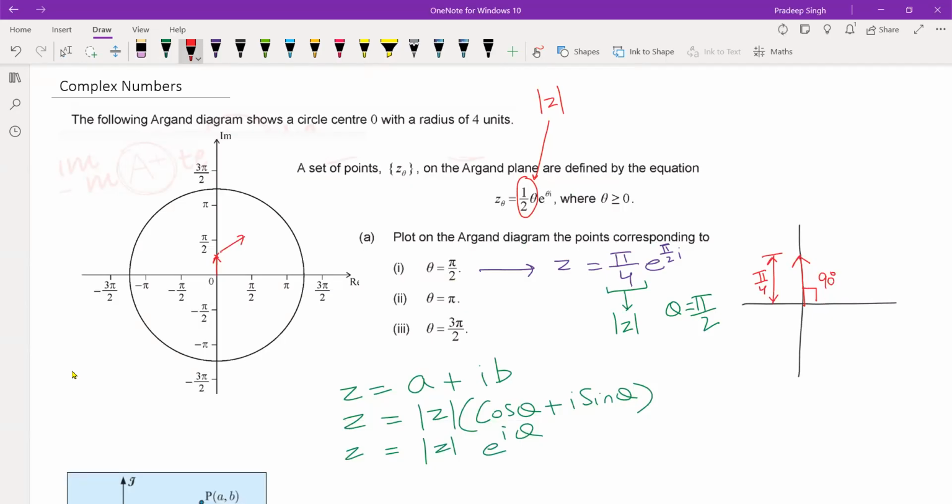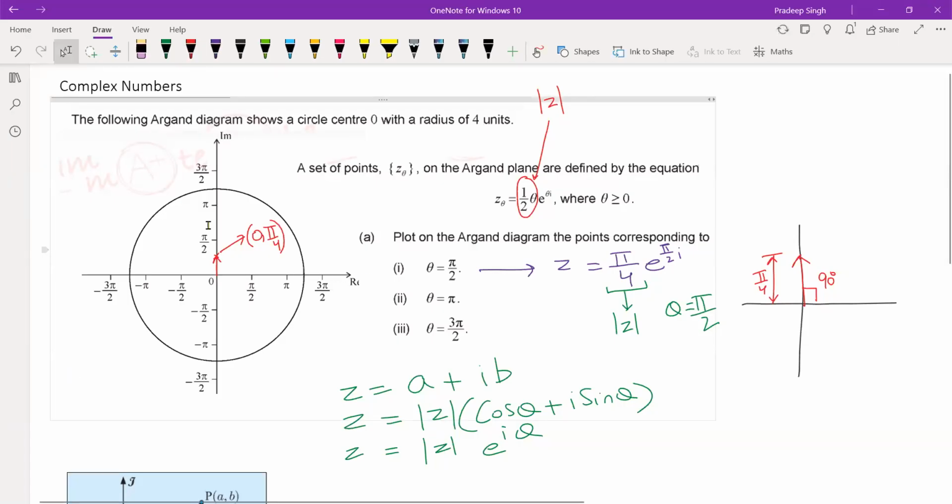The real coordinate is 0 and the imaginary coordinate is pi by 4. Bear in mind, these are not x and y coordinates, they are the real and imaginary coordinates. So the location of this point is the answer for the first part, theta as pi by 2.